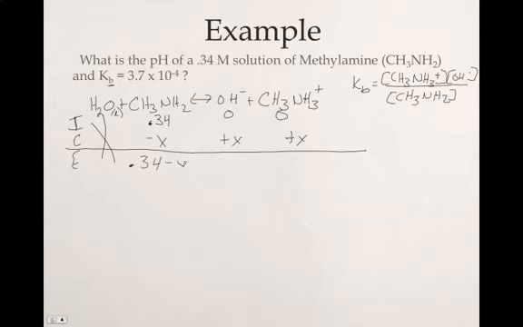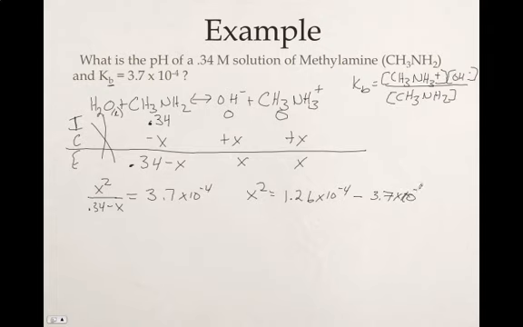So now we plug these values in. So we have x squared over 0.34 minus x is equal to 3.7 times 10 to the negative fourth. When I distribute this out, I get x squared equals 1.26 times 10 to the negative fourth minus 3.7 times 10 to the negative fourth x.